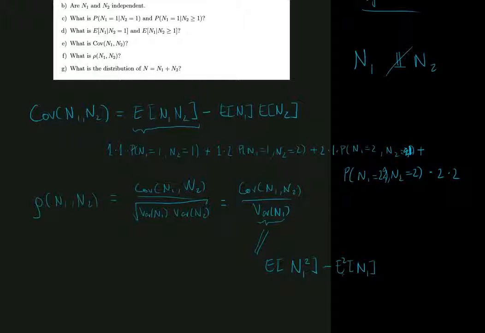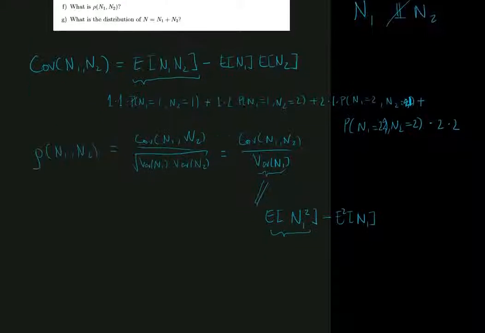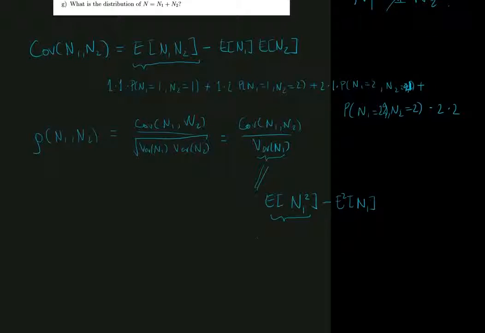And we already know the mean of N1, so this term is already known. However, we need to find this term. And in order to calculate the moment, we need 1 squared multiplied by the probability that N1 is equal to 1, plus 2 squared multiplied by the probability that N1 is equal to 2.